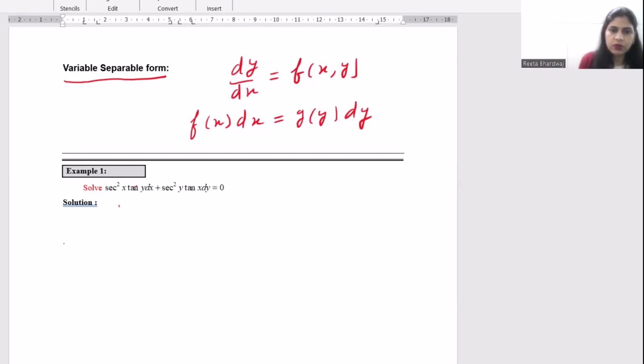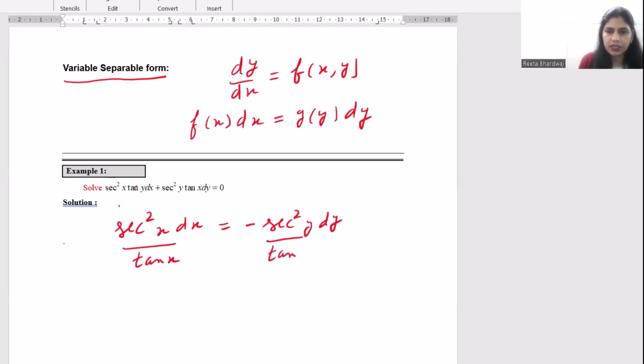Clearly this equation can be written in the form sec square x dx upon tan x is equal to minus sec square y dy upon tan y.